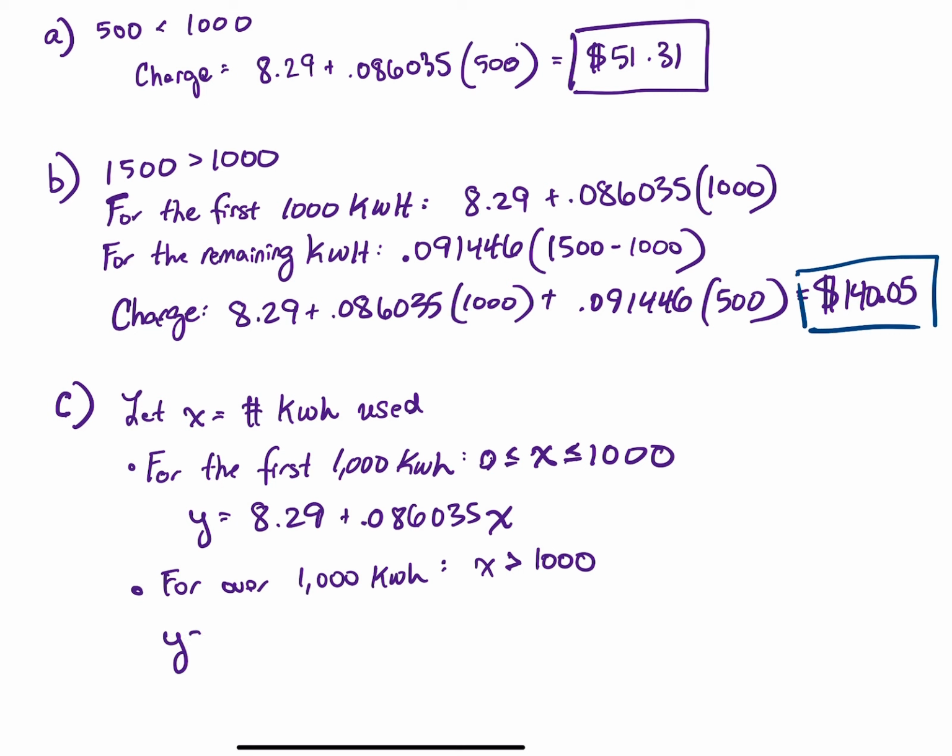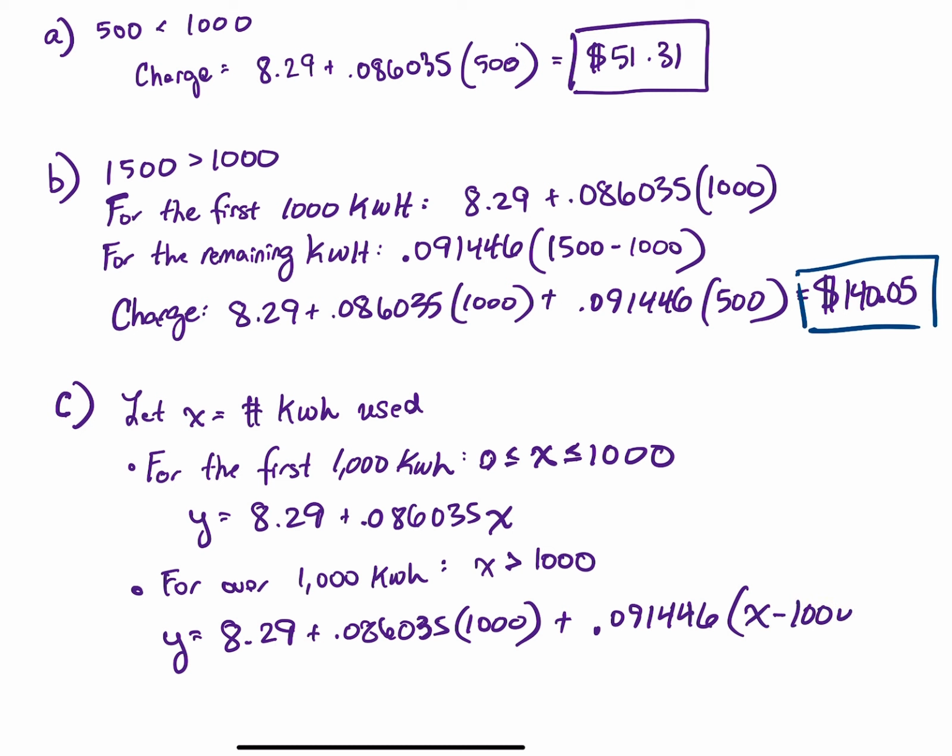It will be the first rate for the first 1,000, so 8.29 plus 0.086035 times 1,000, because we know the first 1,000 will be under that rate. And then plus our second rate, which was 0.091446, for whatever the remaining amount is. So here's where it's useful to say x minus 1,000. Whatever our x value is, we would subtract 1,000 since that 1,000 has been paid under this rate, and then the remaining, this gives you the remaining amount that will be charged under our second rate.